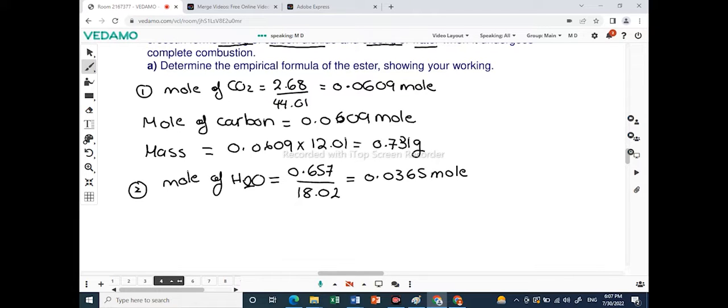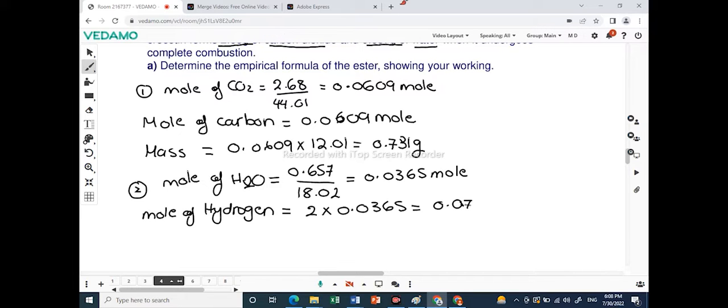Now continuing with the mole of hydrogen, we need to multiply by 2 since we have 2 hydrogen atoms. 0.0365 times 2, and our final answer is 0.0729.